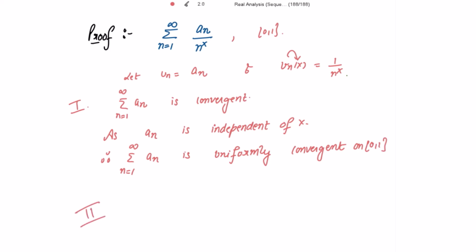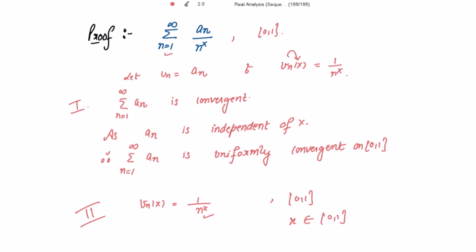Then the second requirement is that the sequence Vnx is a monotonically decreasing sequence. What is Vnx? We have taken Vnx to be 1 divided by n to the power x for the interval 0, 1. In this interval, clearly this sequence is a monotonically decreasing sequence of positive terms. Why positive terms? Because x belongs to the interval 0, 1, so x is positive, and n is going from 1 to infinity.